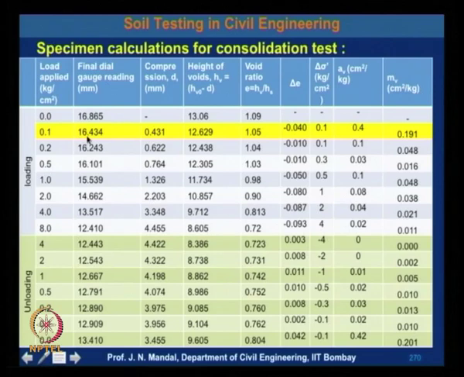So, compression D in millimeter is 16.865 minus 16.434. So, you can have the compression value 0.431. I am showing here that you are calculating that compression.